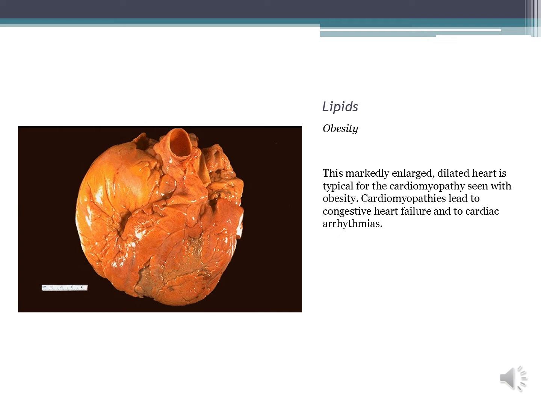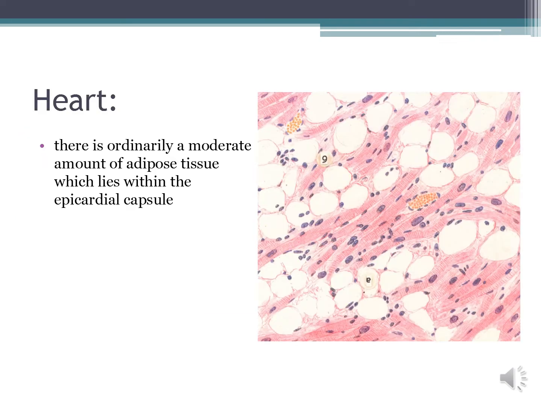So in such a case, the patient had congestive heart failure and cardiac arrhythmia in his medical history, but also please pay attention to the obesity.